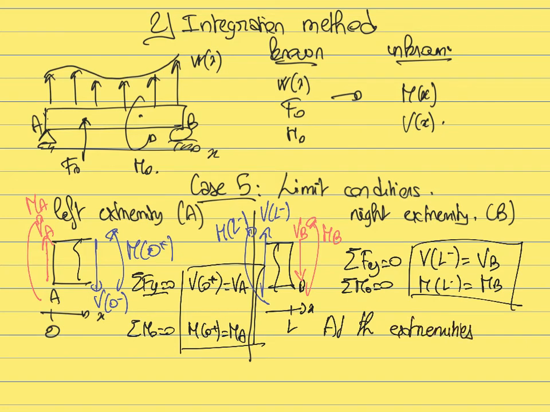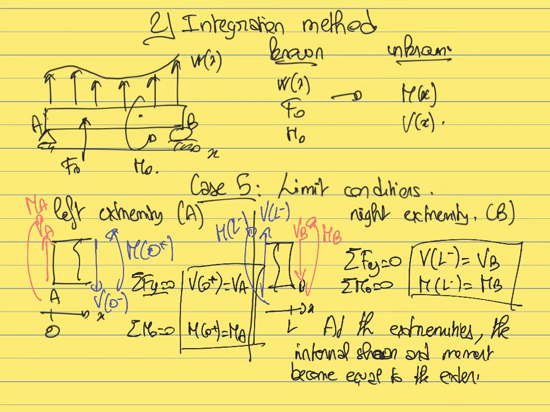The internal shear and moment become equal to the external shear and external moment. So that's an important relationship, because it tells you what happens at the edges.